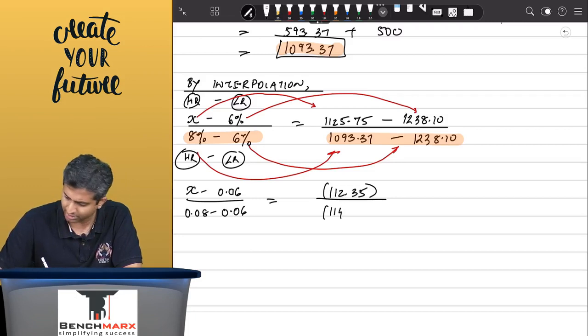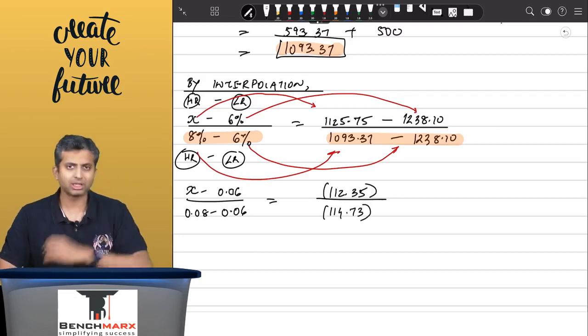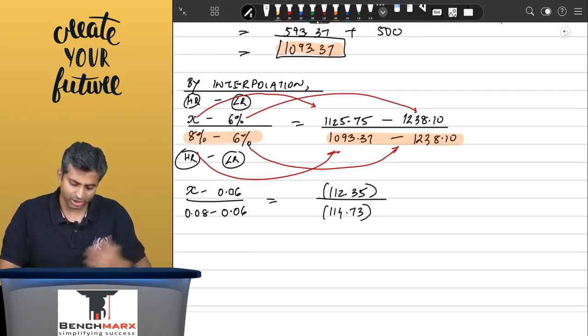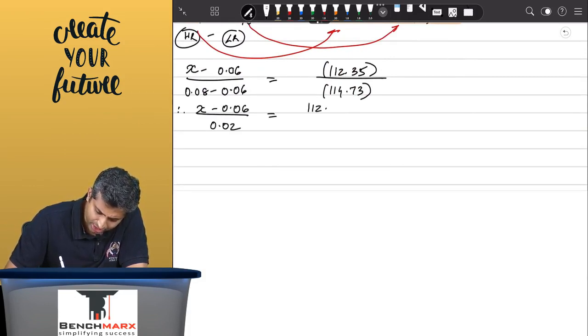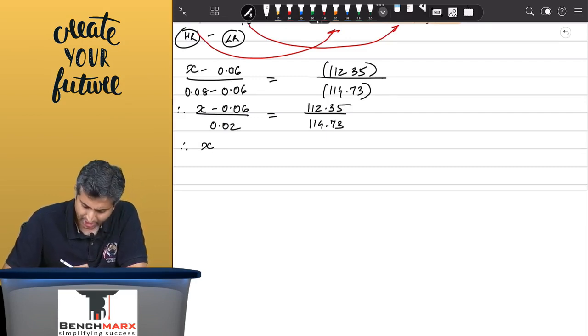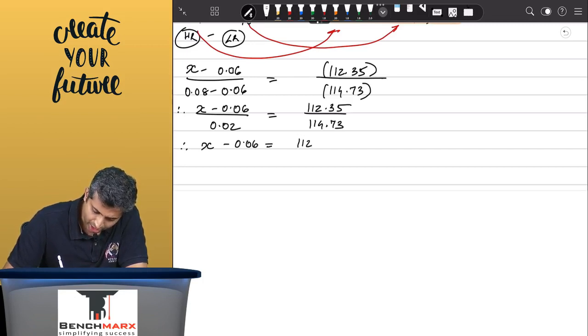The way the formula is structured, this will be negative. But a negative and negative will get cancelled, and therefore this is x minus 0.06 in the numerator, the denominator is 0.02, and then the negatives cancel. So this is 112.35 upon 114.73. Therefore you can take this on the other side. So x minus 0.06 equals 112.35 upon 114.73 into 0.02.